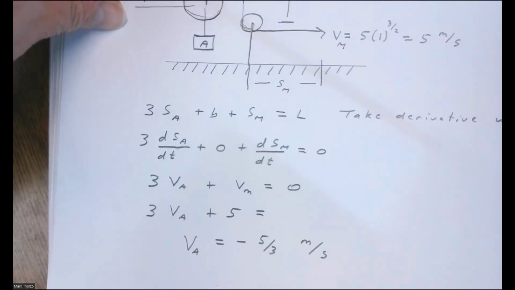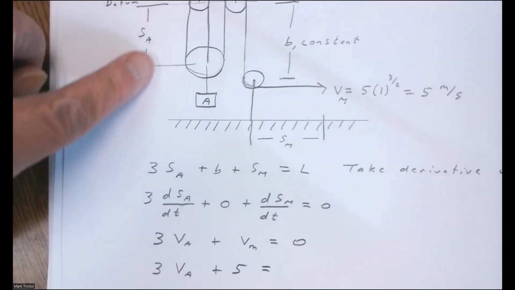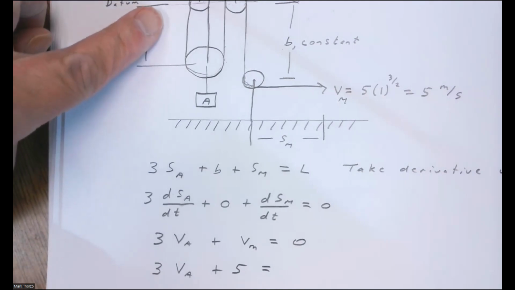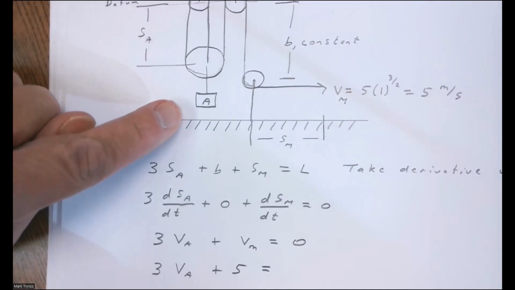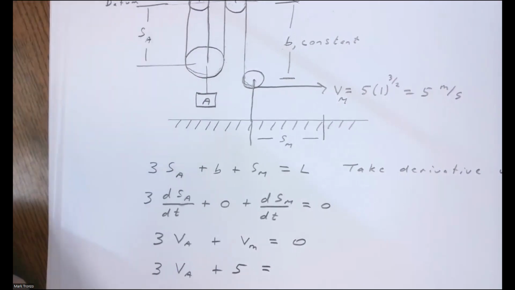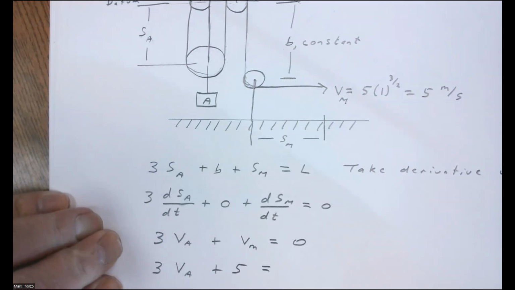Now, if we look at what this means, again, VA is the velocity of this length A. So the negative means this length is getting shorter. So if it's getting shorter, that means A is moving up by this amount. So A moves upward at 5/3 meters per second.